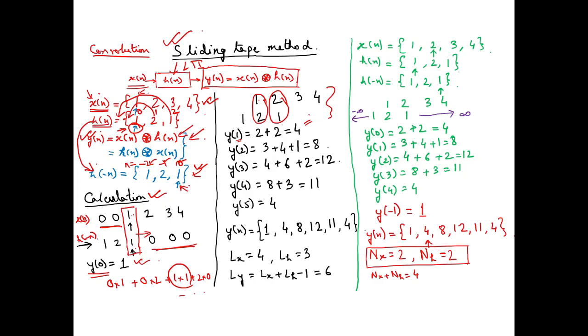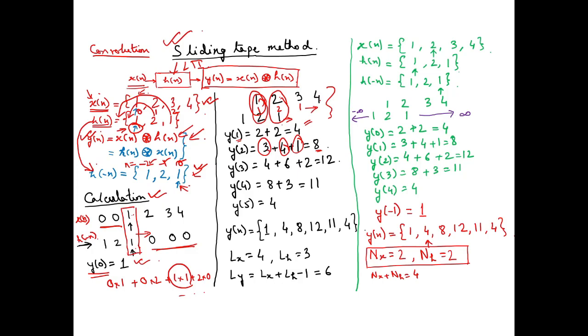In the next step, we again move this tape over here. So 1 multiplied by 1 is 1, 2 multiplied by 2 is 4, 3 multiplied by 1 is 3. It comes to 8. In the next instance, we again move this tape towards the right.